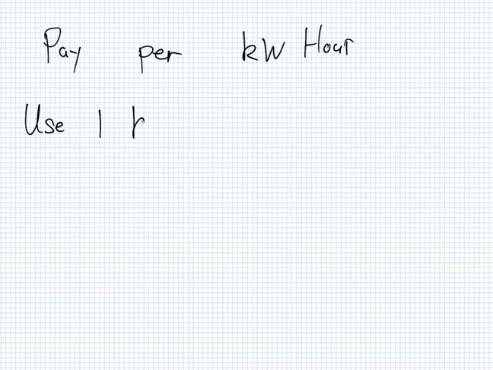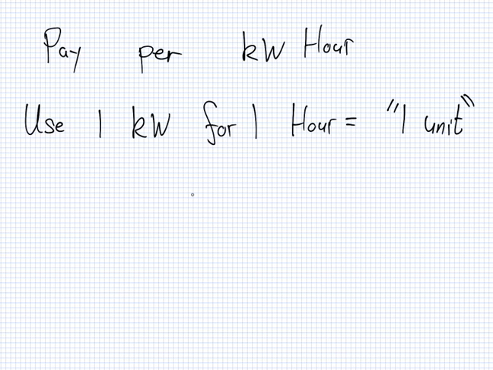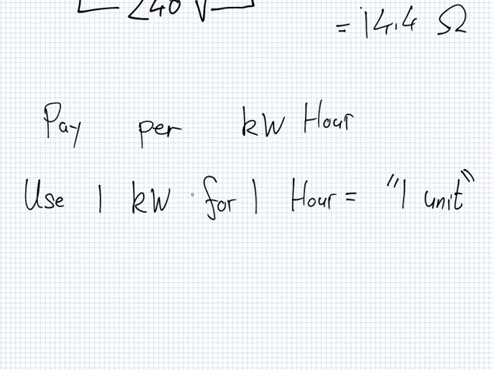So when you pay for your electricity, you pay per kilowatt hour. What this means is when you use 1 kilowatt for 1 hour, they call this 1 unit. So for my last example, how much power was my electric oven? 4 kilowatts.